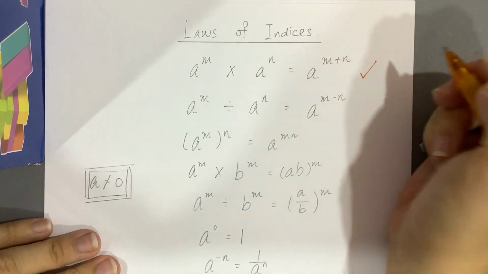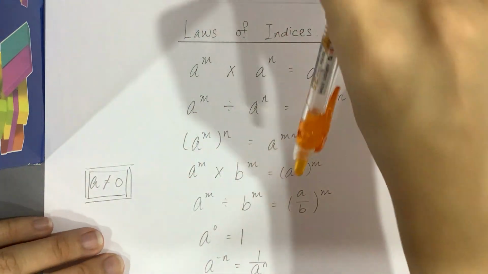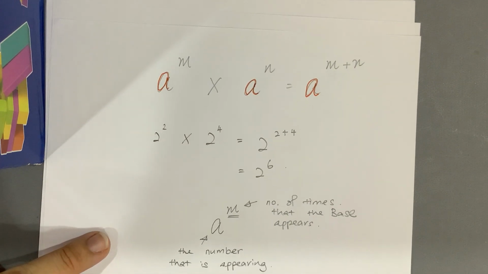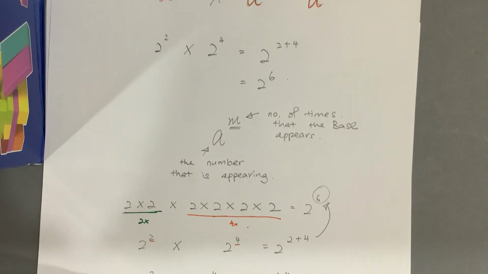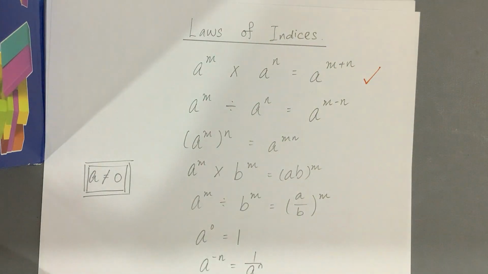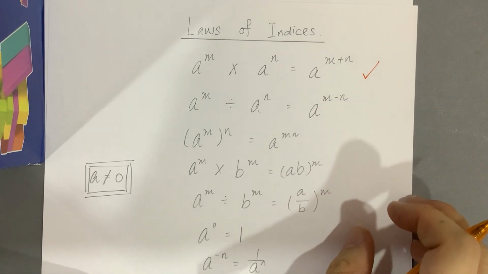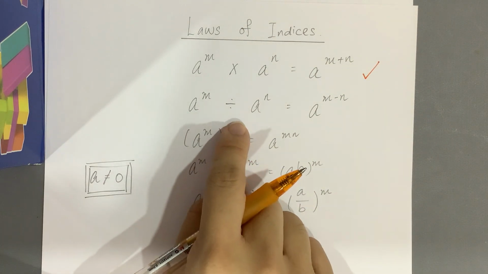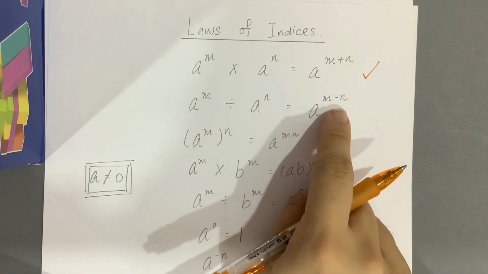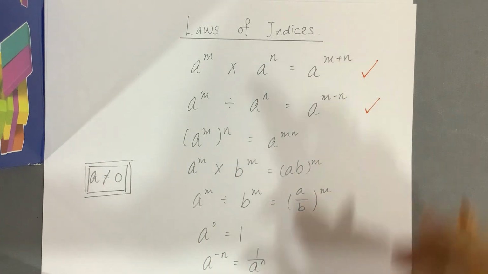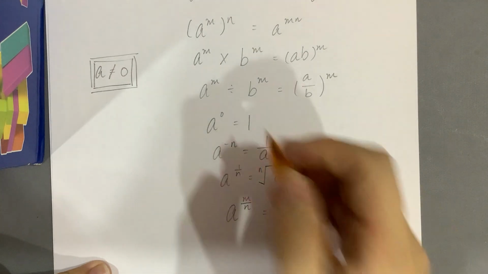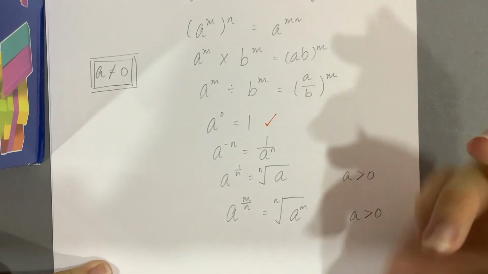So this one is done with this example to illustrate to you. And the next one, which is a to the power of m divided by a to the power n, is actually equal to a to the power m minus n. So this is done, and I link it to a to the power 0 equals 1.